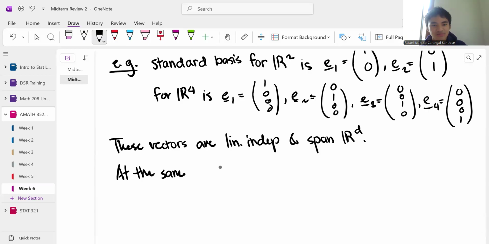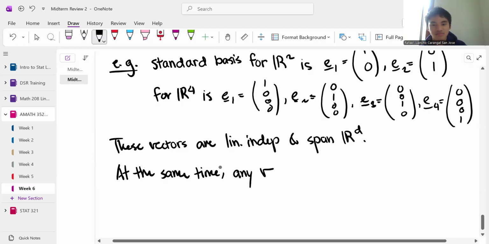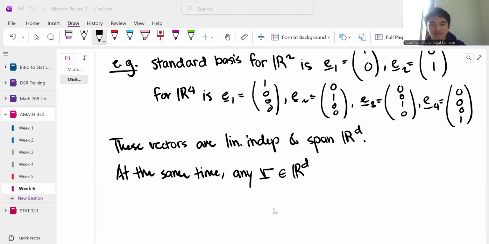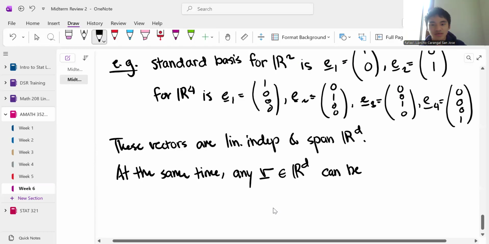So at the same time, any vector, say v, in R^d, a d-dimensional vector, can be written as the following.